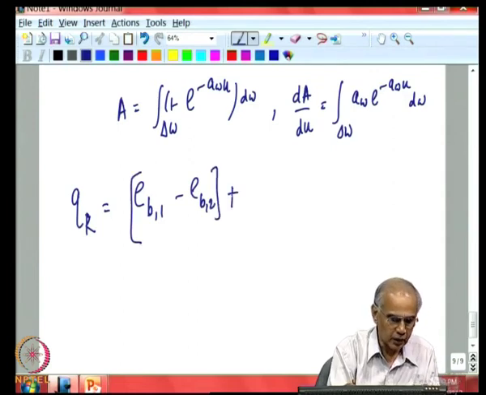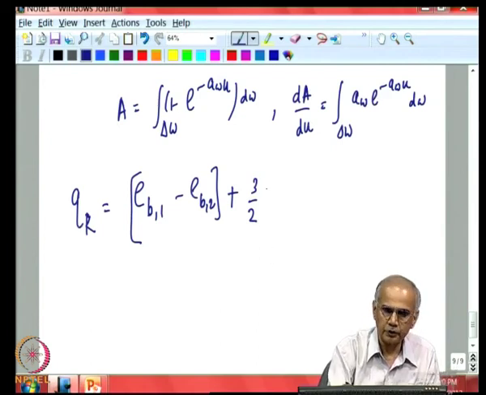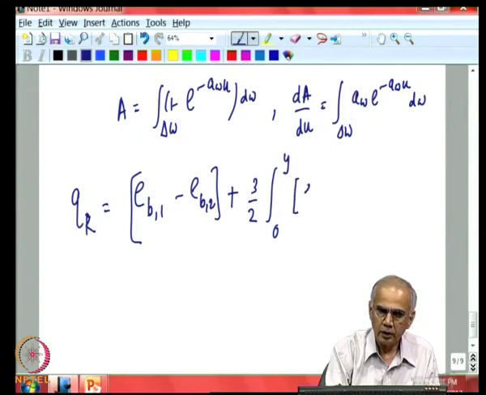Then you use a kernel approximation, like we did in the example for the quasi-gray model, same logic, integrate from 0 to some distance y, and we have e to the power of b omega and e to the power of b 1 omega.